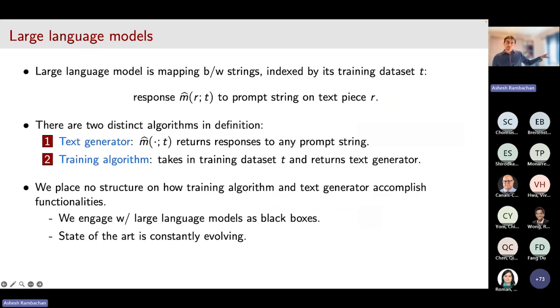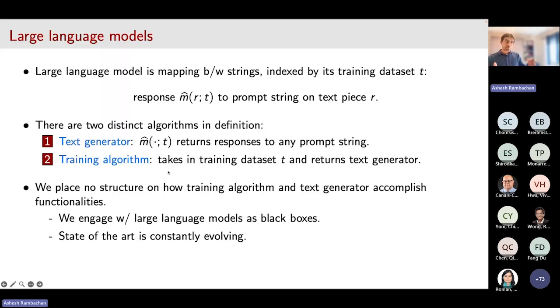Coming back to another question from earlier, when I write things like m hat of a particular text document R, we're going to think of that as combining many facets that go into the production of a large language model. So m hat is the text generator that returns responses to any string. The same large language model prompted in different ways would lead to different responses. You should think of that as a different choice of this text generator.